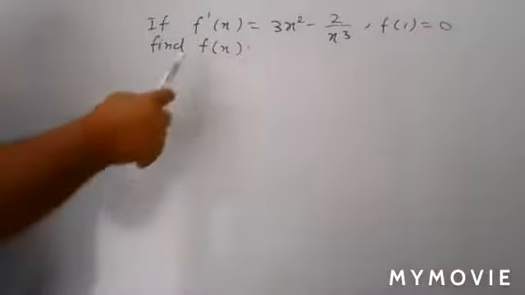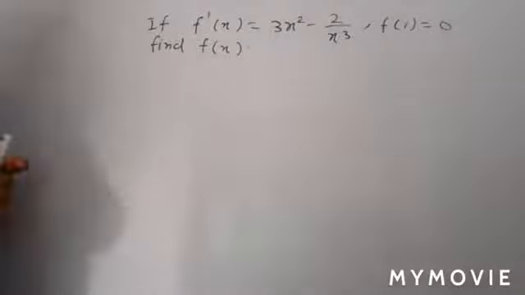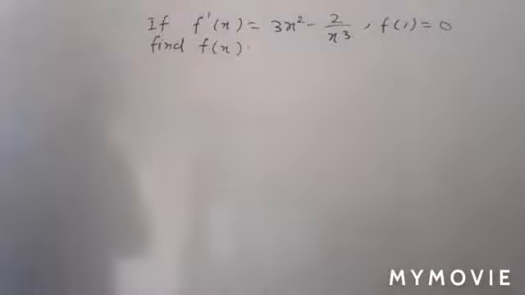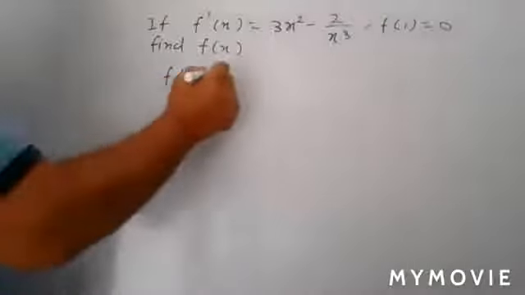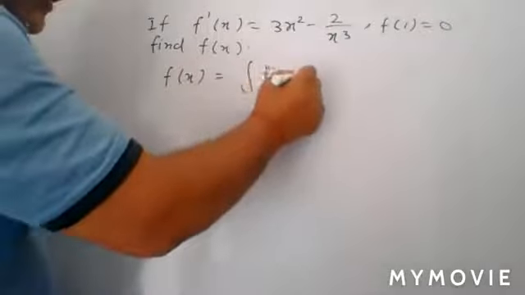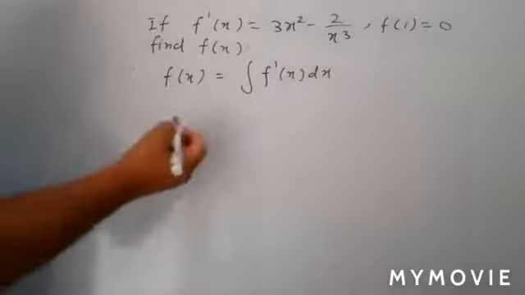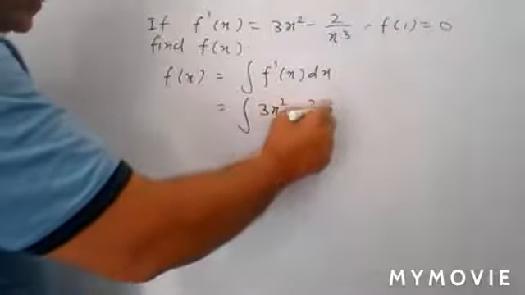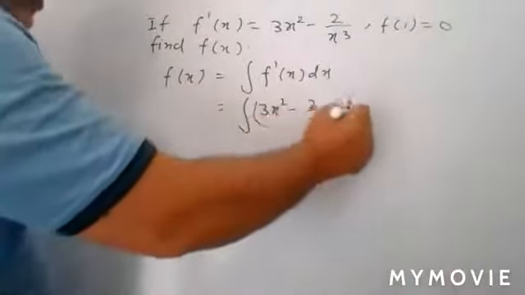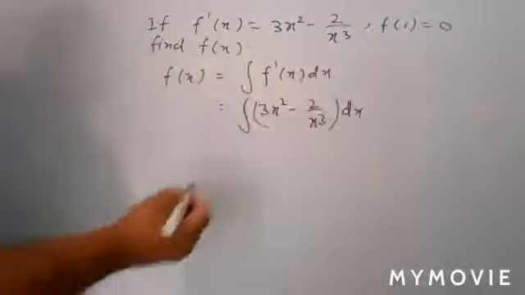So here you have the derivative of the function, and your function is required. So here you apply the properties of indefinite integral. You already know this result that the value of fx is equal to integration of f dash x dx. So if you put its value, you have 3x square minus 2 upon x cube into dx. So you only integrate that function, and using f1 is equal to 0, you have your answer.